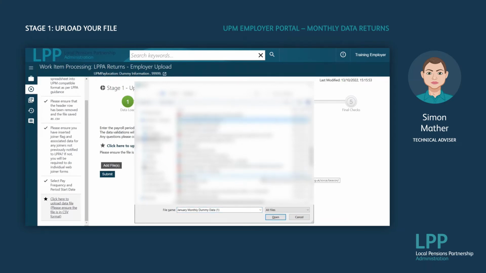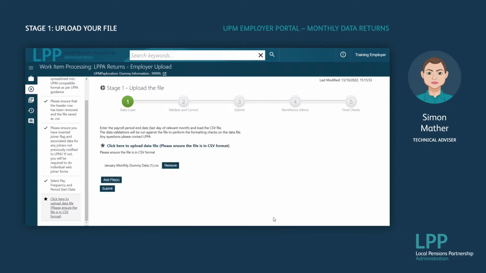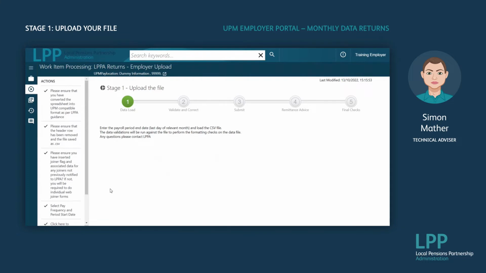Once you've chosen the correct file, click Submit. It will only allow you to upload one file at a time. Once the file has been uploaded, refer back to the Actions column and click Run Validations.